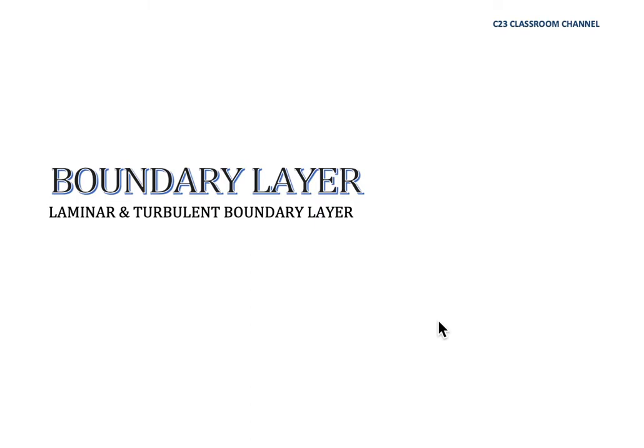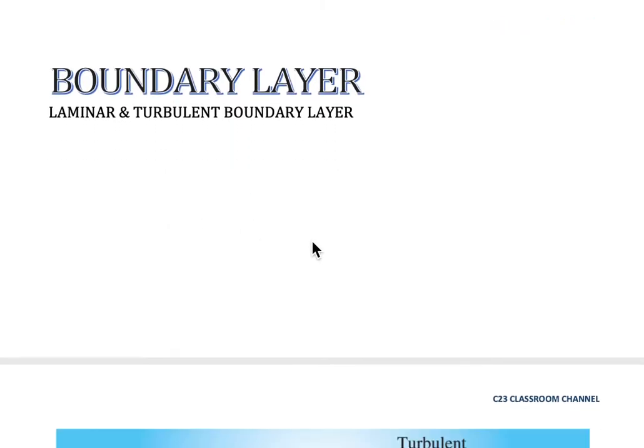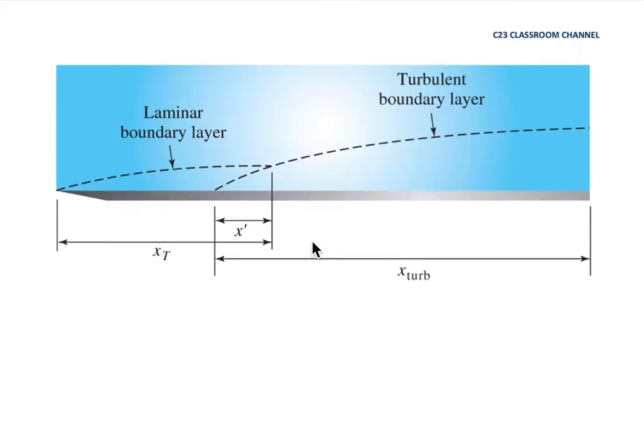For today, I would like to discuss the solution for boundary layers that have both laminar and turbulent regions. In this syllabus, we assume that we have a thin flat plate like this and a boundary layer occurs on it.